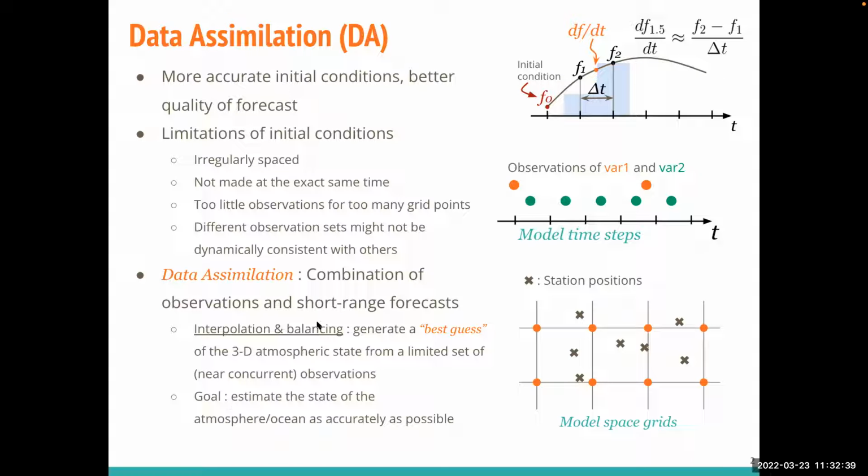And balancing is very important because if your original data is not balanced already, that will generate some waves, right? That will generate some response from your system. And you don't want that because that's not coming from the weather system, that's coming from the imbalance situation in your data, and that's not what you want. So the goal here is to estimate the state of your Earth system as accurately as possible.